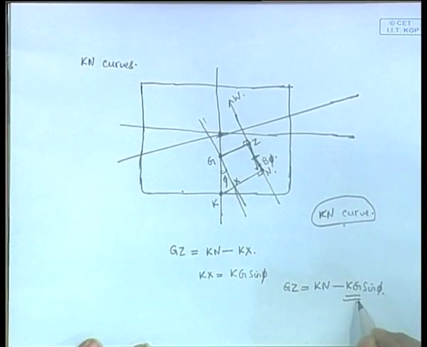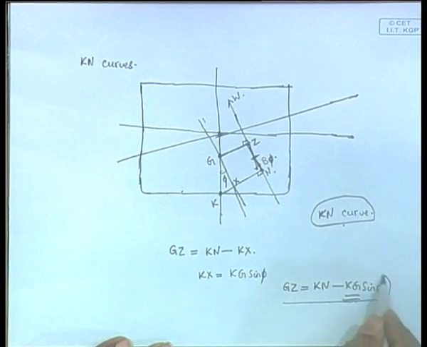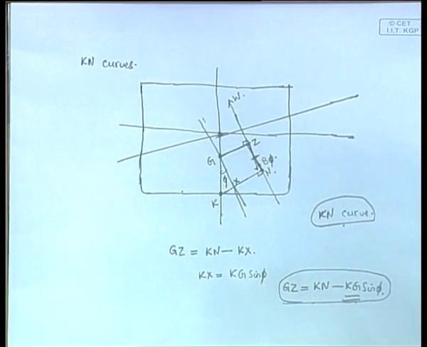Once you know the k g, for different angles of phi, starting from 10, 15 and so on, as phi keeps increasing you find the different values of g z, and once you have the different g z's, you can draw the g z curve. So, this is the purpose of the K n curve, and this is the formula used for calculating the g z from the K n curve.